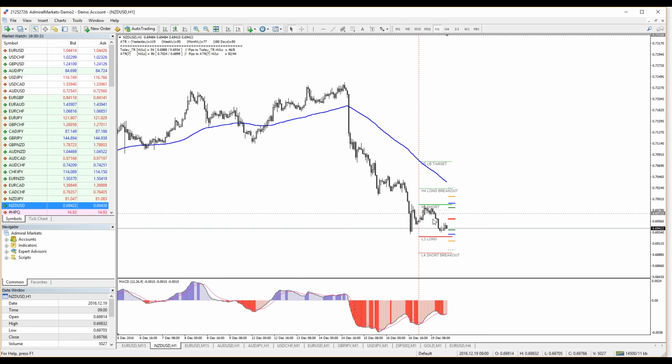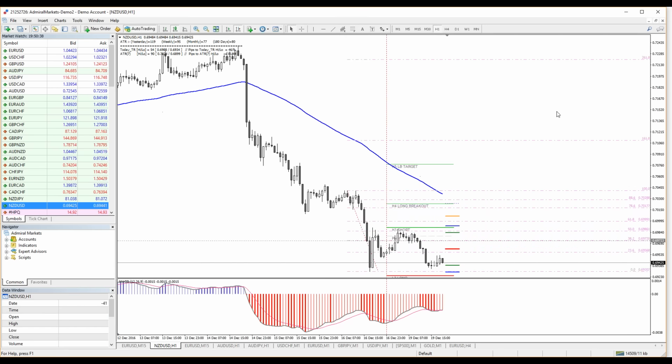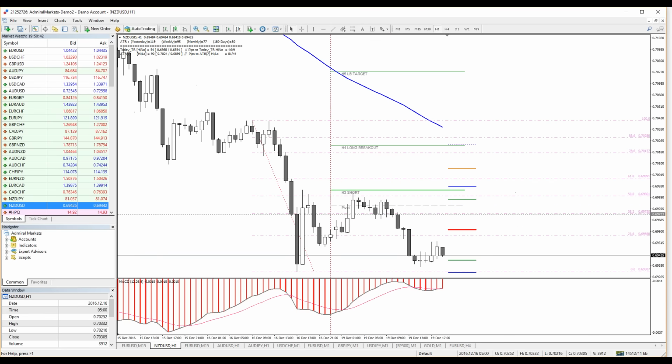As I presumed, very close to the pivot point here. And we also have, let's see, 50 retracement. So this is the level to short into.